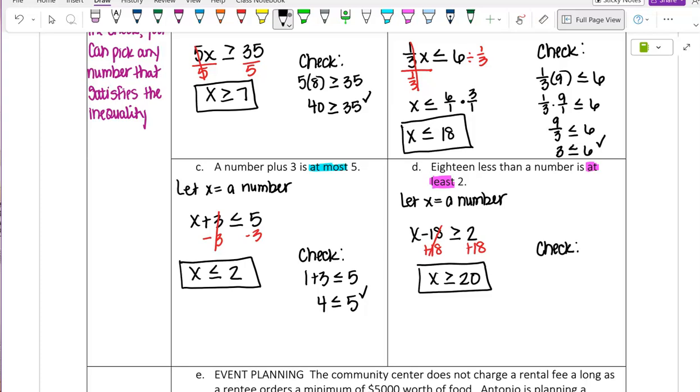Again, when I do my check, I want to use a number greater than 20. So what's a number greater than 20? 21. So 21 minus 18 is greater than or equal to 2. 3 is greater than or equal to 2. That does check.